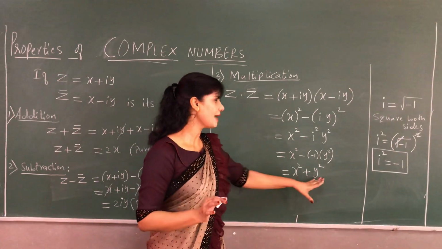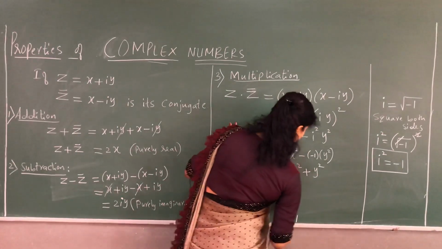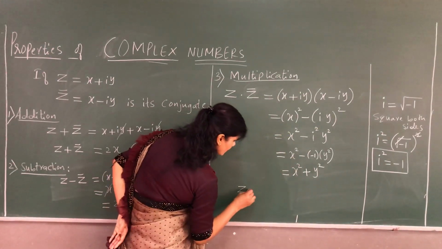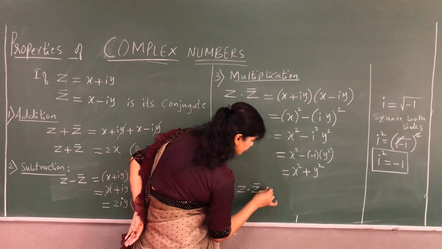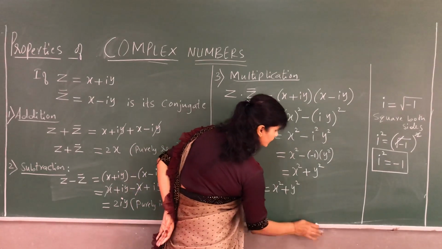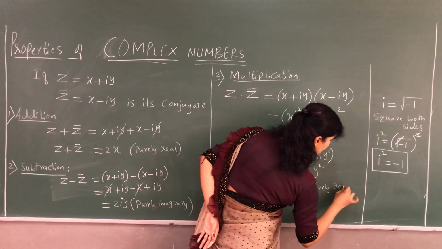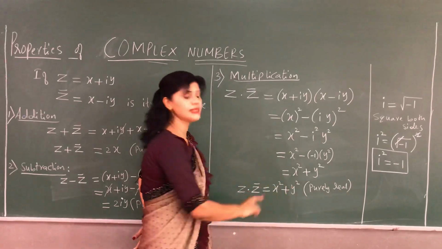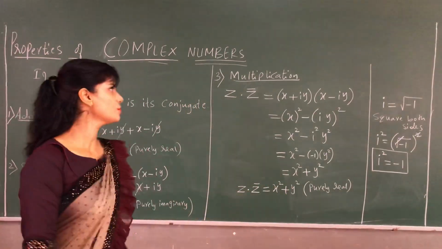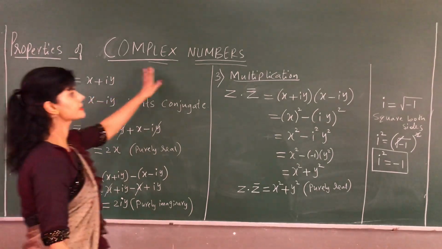Whenever there is no i part, it is called purely real. So here z into z bar is x square plus y square, and it is purely real because there is no imaginary part in the solution. Okay students, this is your third property of complex numbers.